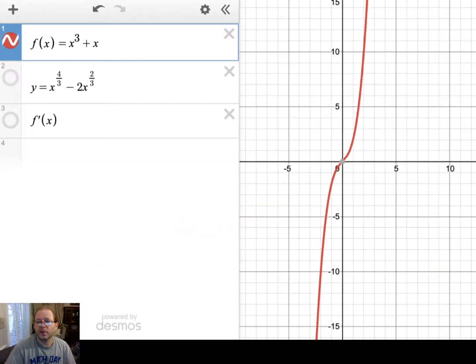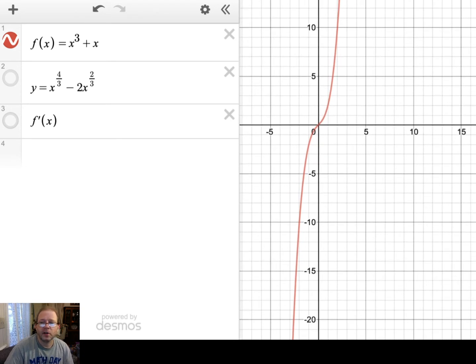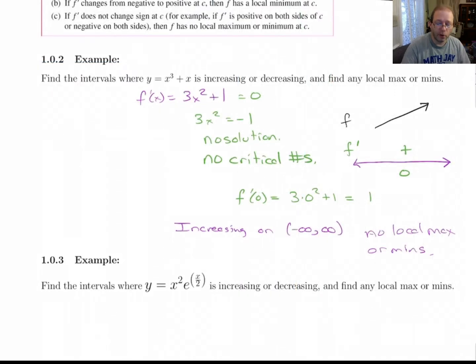It looks like this. So yeah, this thing, it's always increasing. And if we look at its derivative, notice the derivative is always positive, which is exactly what our little chart told us over here. So that's not a very exciting example, but it does kind of get the point across.